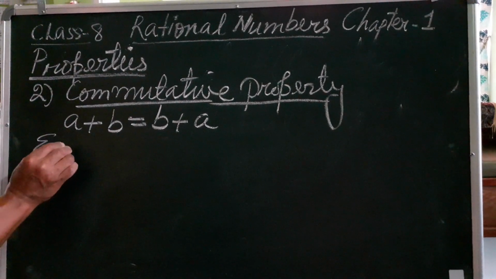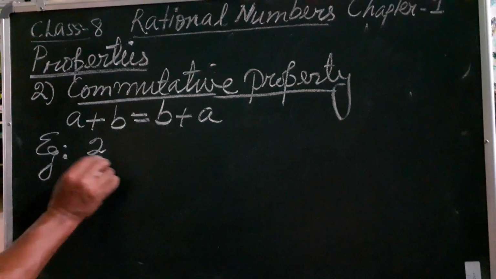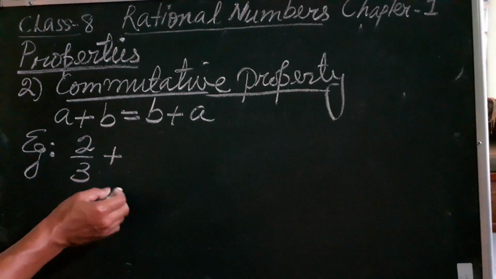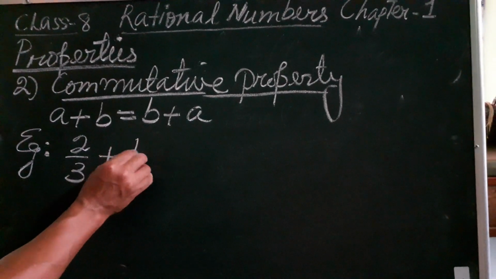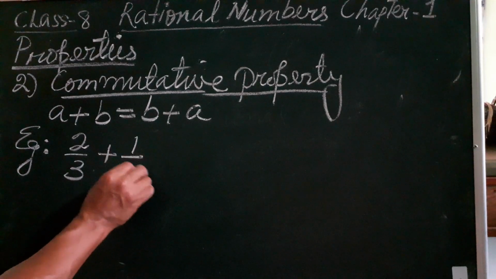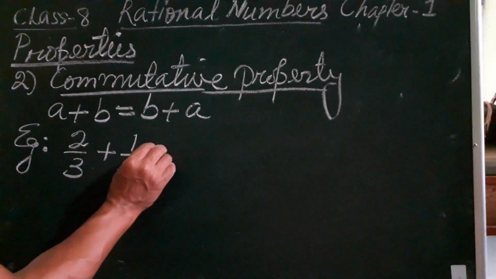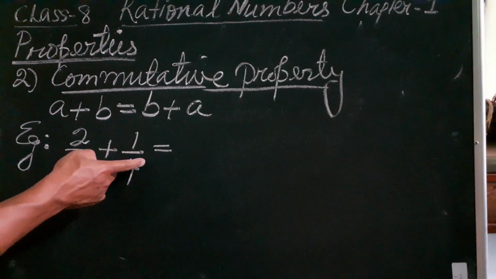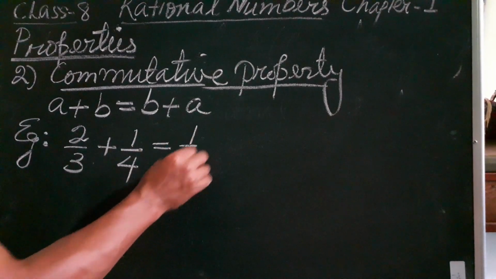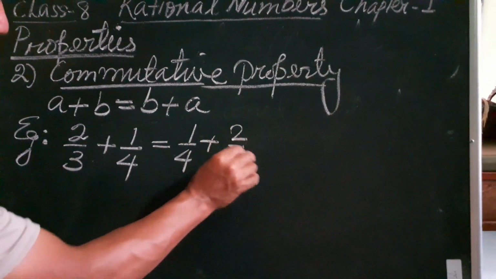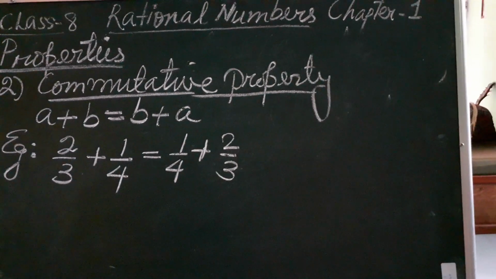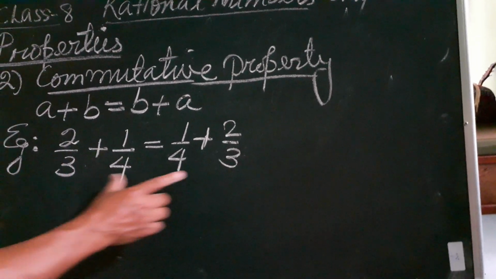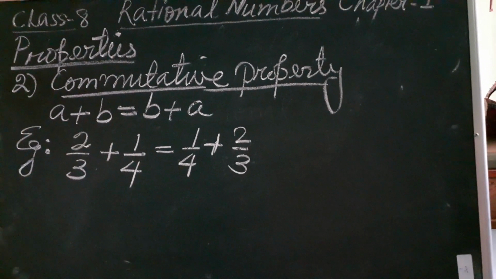For example, 2 by 3 plus 1 by 4 will be the same as 1 by 4 plus 2 by 3. Left hand side and right hand side will be equal.